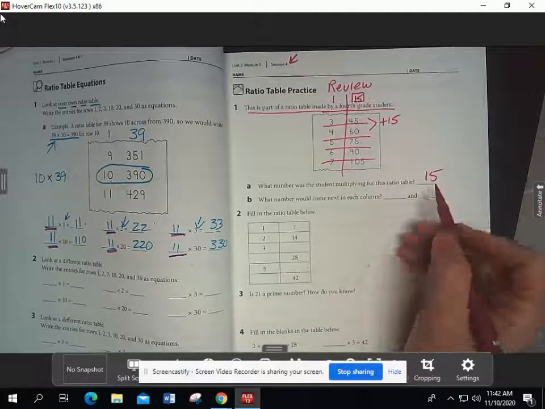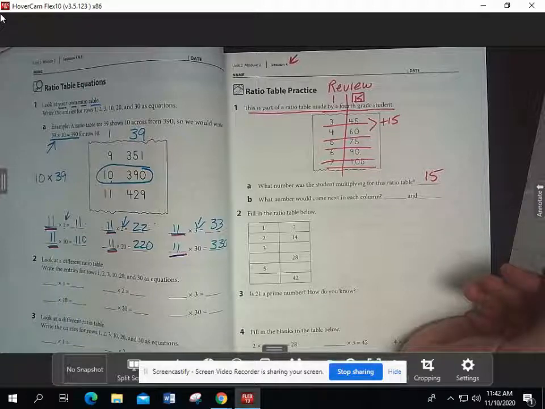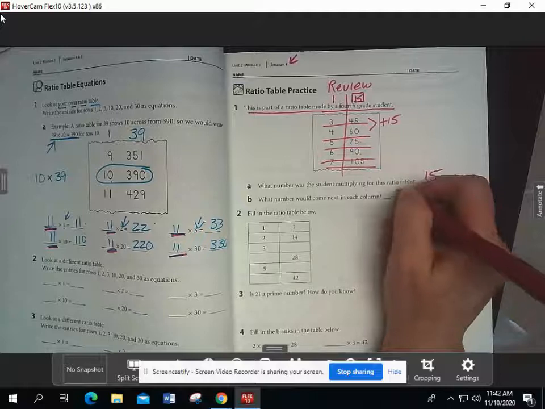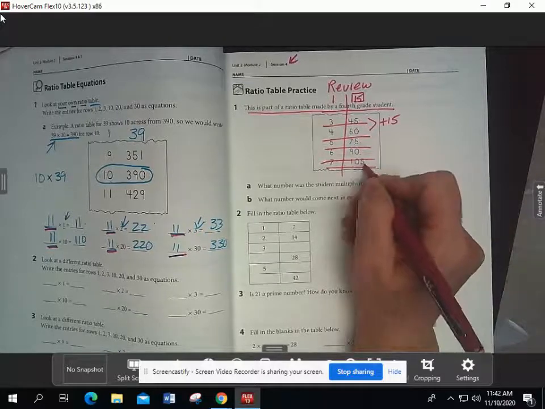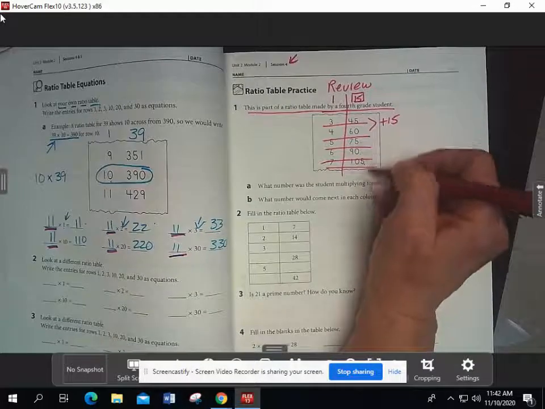So then it's asking us, what would come after 7 and 105? What comes after 7? What's the number that comes after 7? We have 7 rows. Then we would have what, Akaya? 8. And what would be in the next one? 106? I'm picking on you to say 106. What are we counting by in this column?